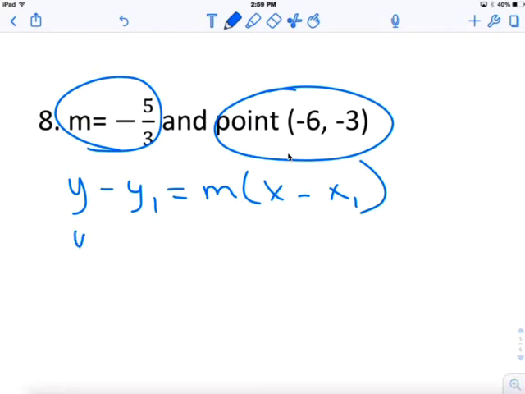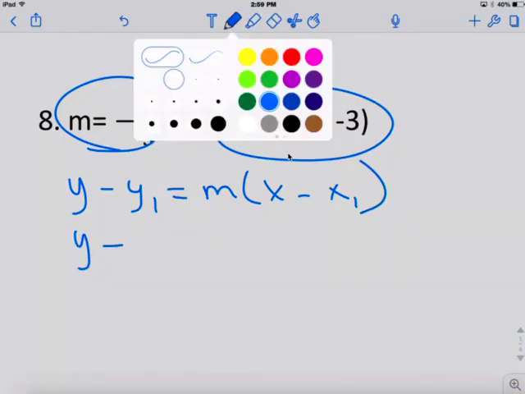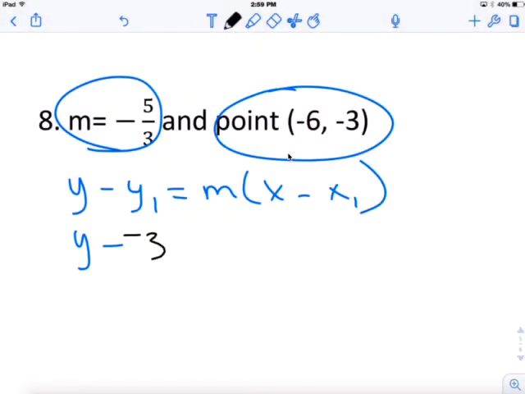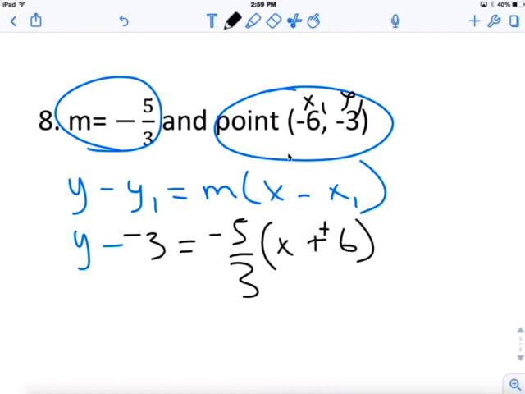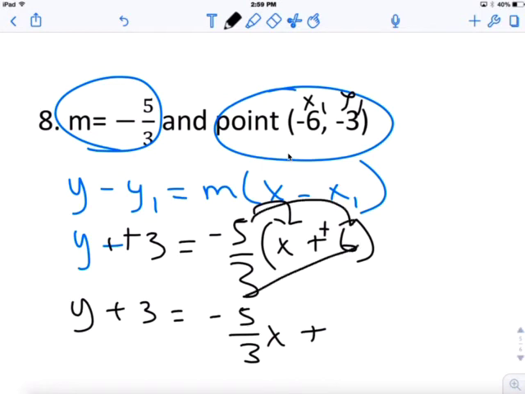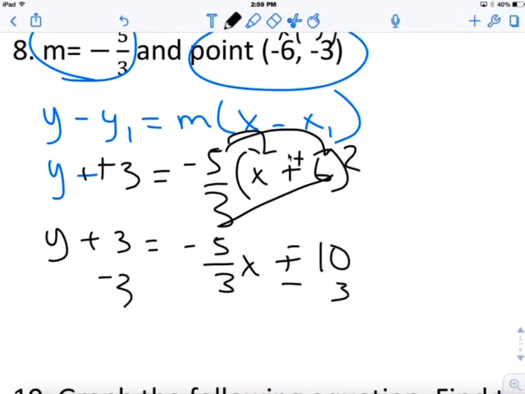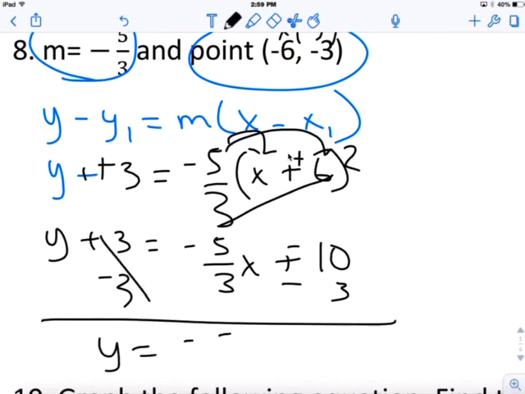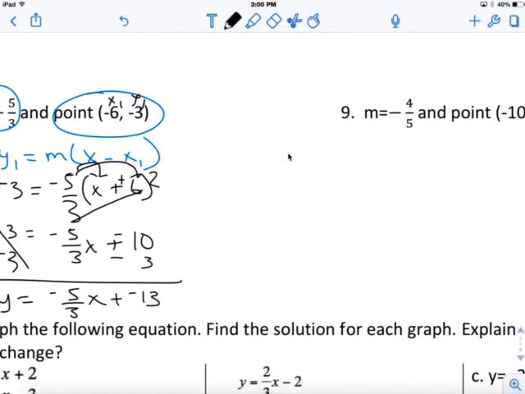We want to find the y-intercept. y minus y1, which is negative 3, equals m, which is negative 5 over 3, parentheses, x minus x1, which is negative 6. y plus 3 equals negative 5 over 3 x plus negative 10, minus 3 minus 3. y equals negative 5 over 3 x plus a negative 13, or it's just y equals negative 5 over 3 x minus 13.